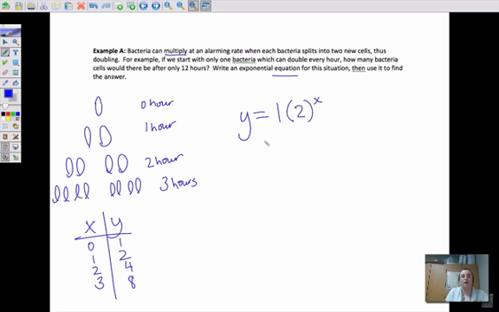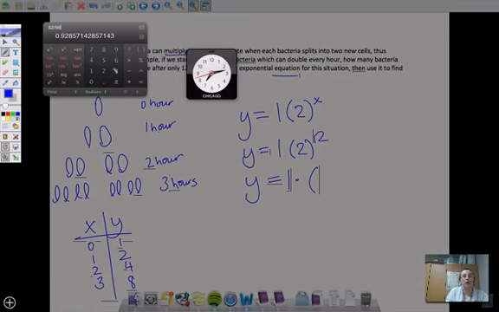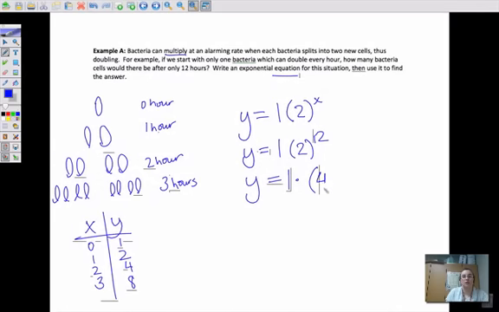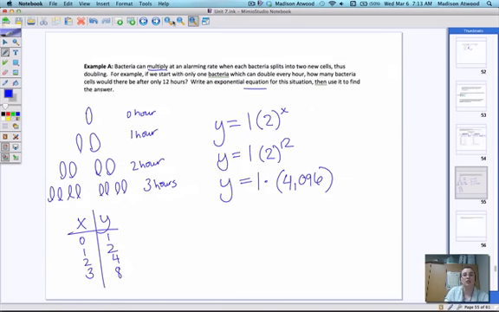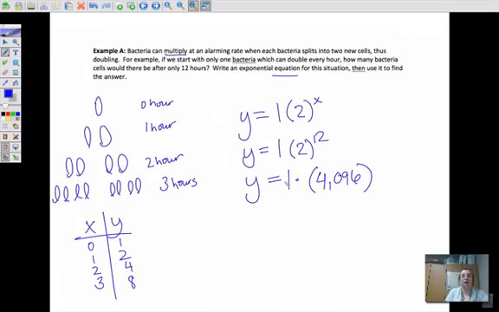I want to know after 12 hours, so I'm going to do 1 times 2 to the 12th. 2 to the 12th power is 4,096. If there was a different amount of bacteria other than 1 at my start, I would multiply by that number. But since that's not the case, there would be 4,096 bacteria cells at the end of 12 hours.